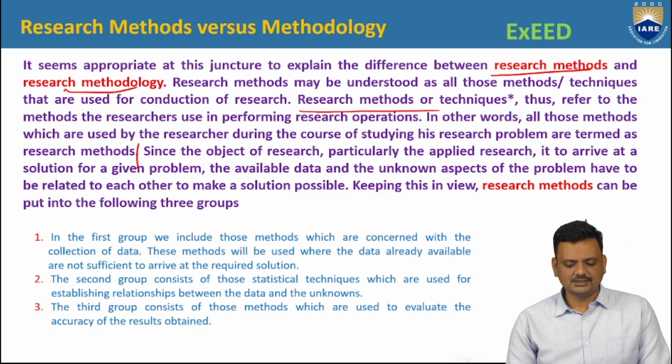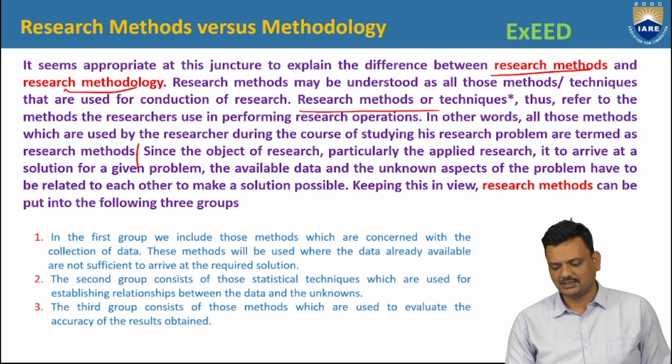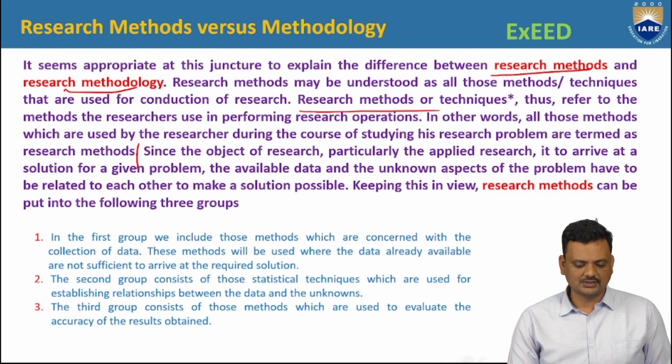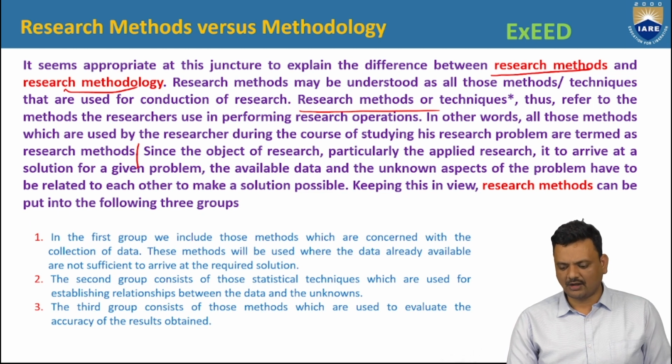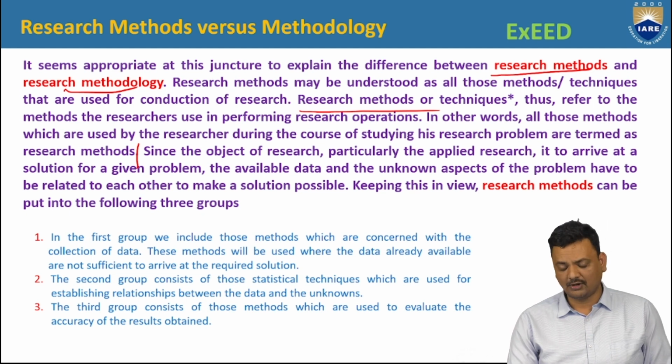Since the object of research, particularly applied research, is to arrive at a solution for a given problem, the available data and the known aspects of the problem have to be related to each other to make a possible solution. Keeping this in view, research methods can be put into the following three groups.